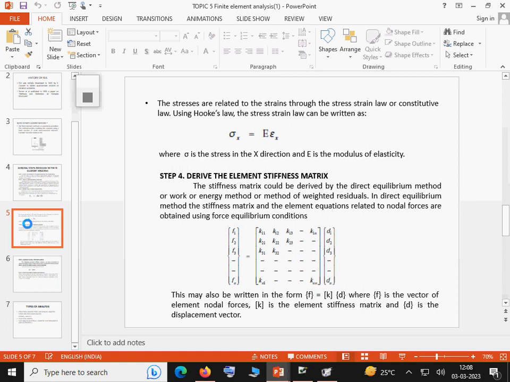As I already told, F is equal to K into U. F means the force vector, what are all the loads acting on that particular body, K means the stiffness matrix, and U means the displacement vector. Finally we have to find the unknown displacement values, as well as calculate the stress and strain of that particular problem using finite element techniques. Okay.